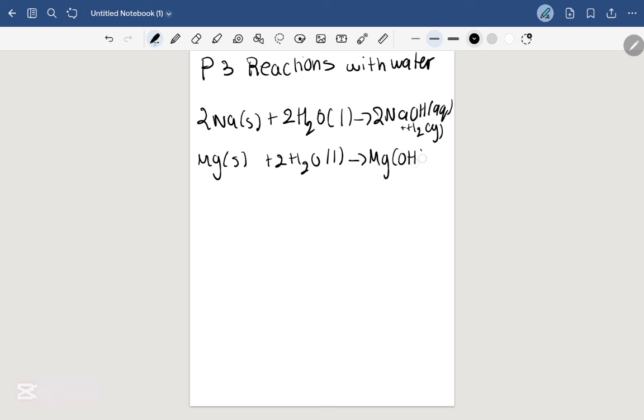Now there's another reaction. You could do Mg solid reacts with H2O as a gas, so steam, to give me MgO solid in addition to hydrogen gas.